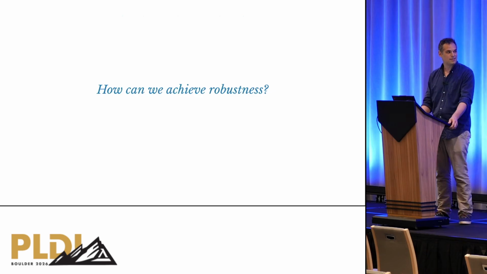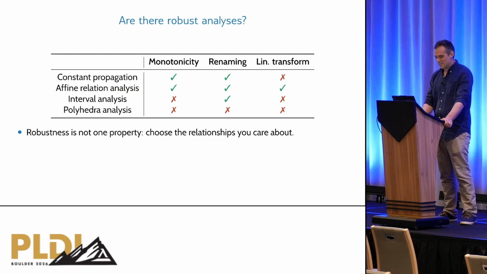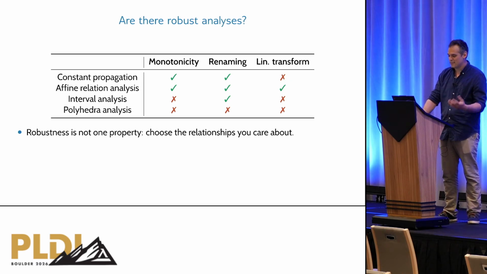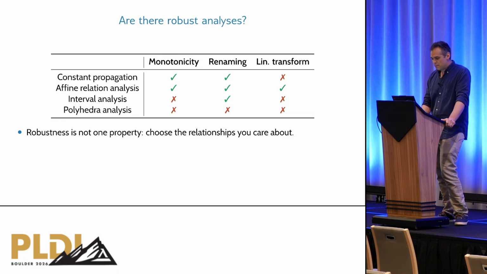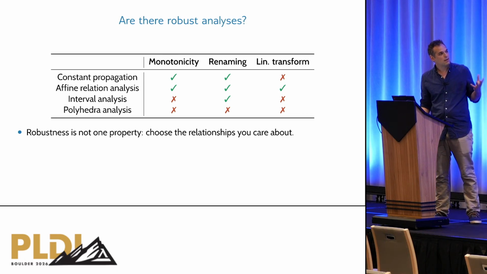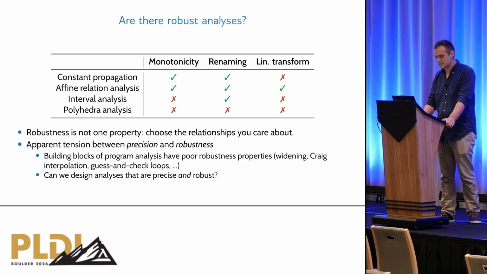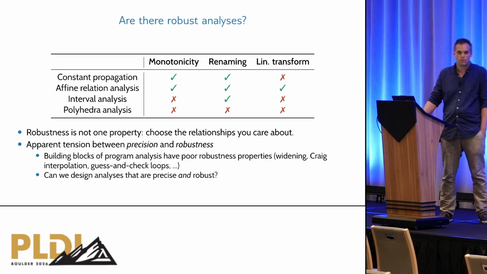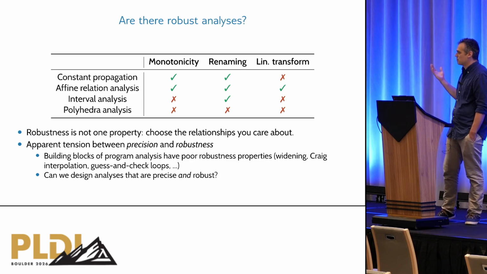All right. So the next question is, can we actually design robust analyses? So in fact, there are robust analyses, but we have to be careful what we mean by that. Robustness is not one thing, it's many things. And so this depends on the class of relationships we want to preserve. But something we notice with this sort of profile of robustness properties of various classic abstract interpretations is that there's a tension between precision and robustness. As we get to more powerful analyses capable of proving more things about programs, these analyses tend to be less robust.